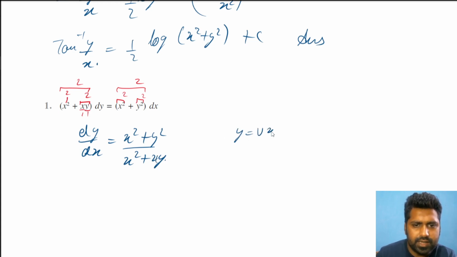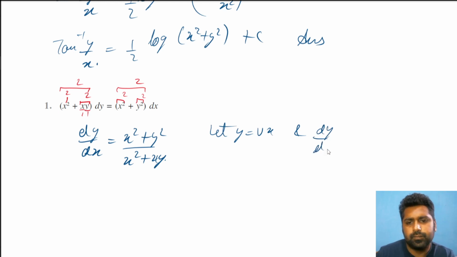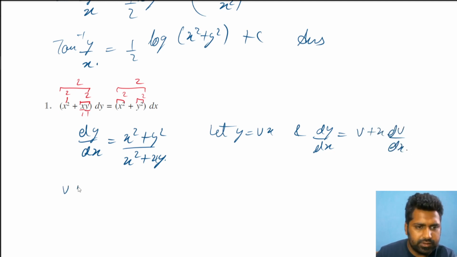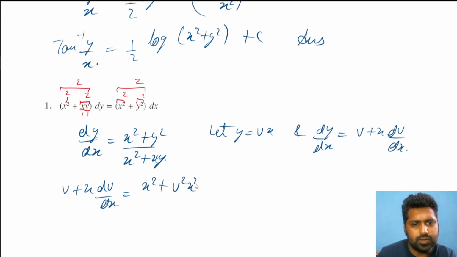Y is equal to vx and dy by dx is v plus x dv by dx, so v plus x dv by dx equals x square plus v square x square upon x square plus x into vx.